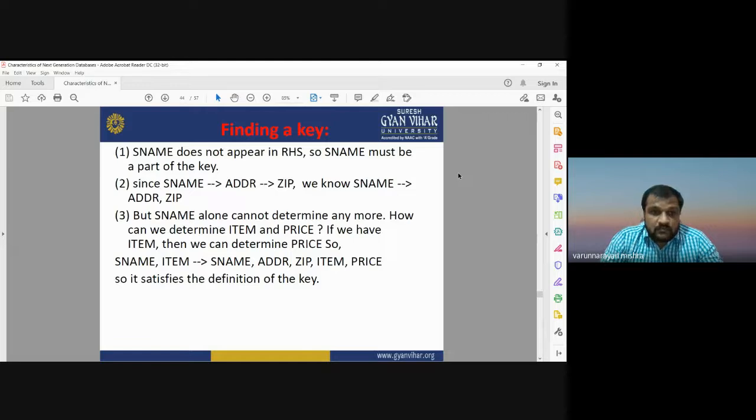Since S name has a functional dependency on ADDR, and that has a functional dependency on ZIP, we know S name has functional dependencies on ADDR and ZIP. But S name alone cannot determine any more. So how can we determine item and price? If we have the item, then we can determine the price. This is the way in which we can satisfy the definition of the key.